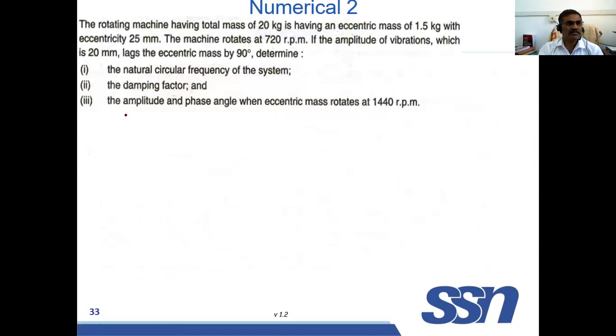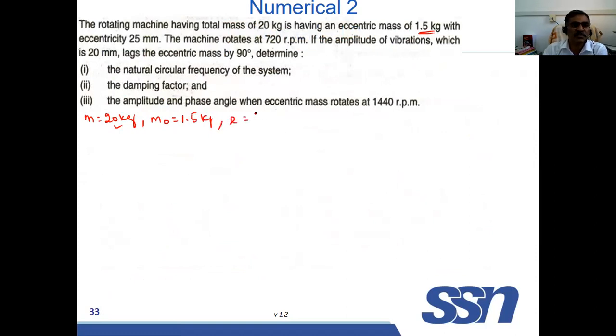In this problem, the total mass of the machine, that is m, is equal to 20 kg, and the eccentric mass is 1.5 kg, that is m naught. So within this 20 kg, this m naught is there, rotating.